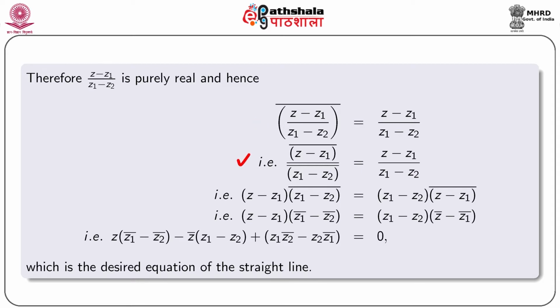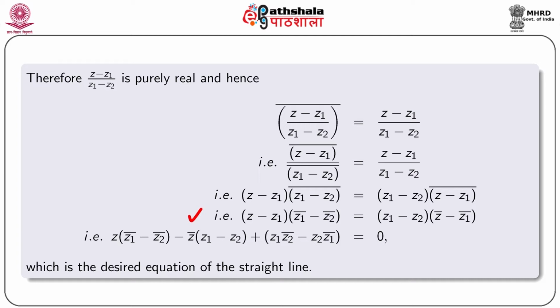That is conjugate of (z minus z1) divided by conjugate of (z1 minus z2) is equal to (z minus z1) by (z1 minus z2). So, cross multiplying we get (z minus z1) into conjugate of (z1 minus z2) is equal to (z1 minus z2) into conjugate of (z minus z1).